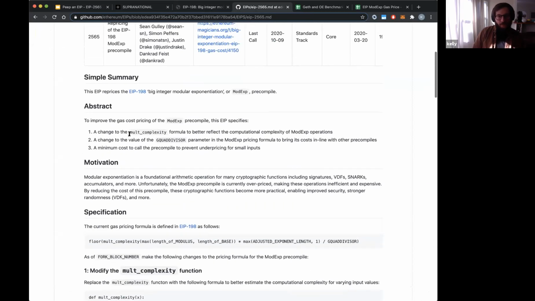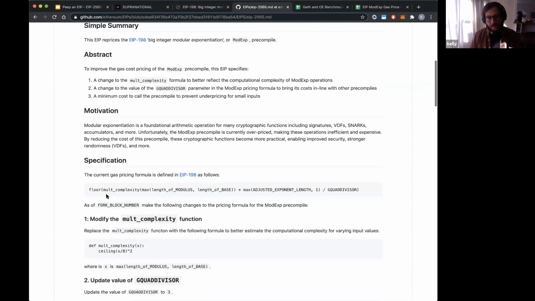As we mentioned, really the motivation here is to bring the precompile in line with all of the other costs on Ethereum, other precompiles and operations in the EVM. The current formula in EIP-198 is specified with 3 main variables. It has this multiplication complexity formula, which tries to determine how big of a multiplication you have to do.